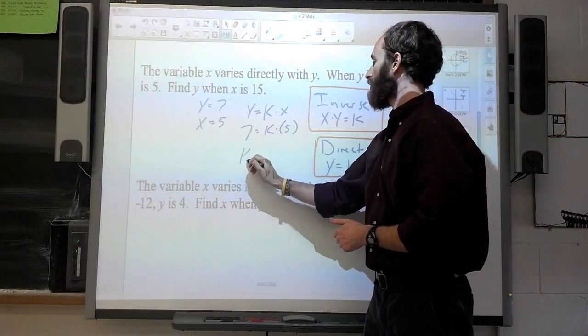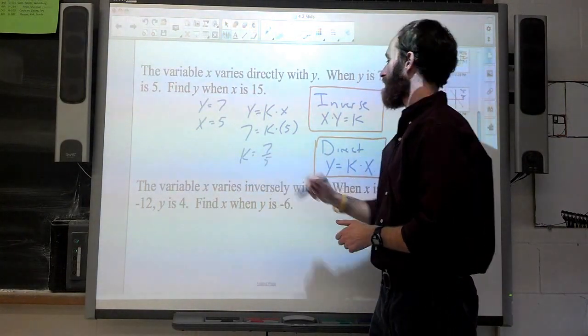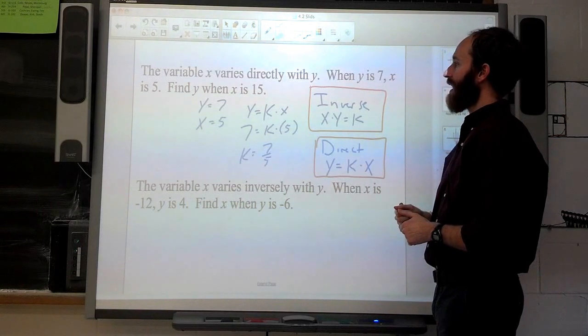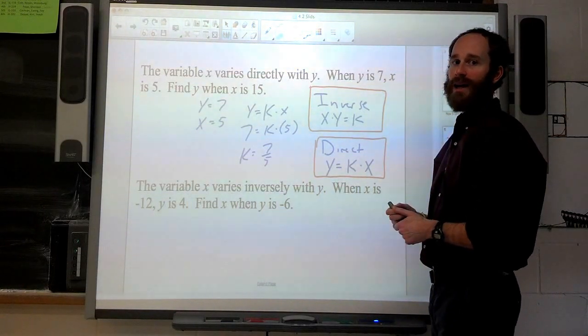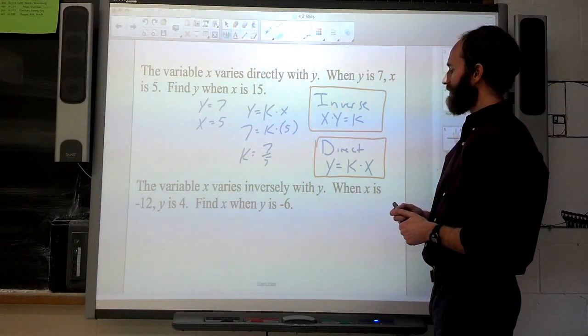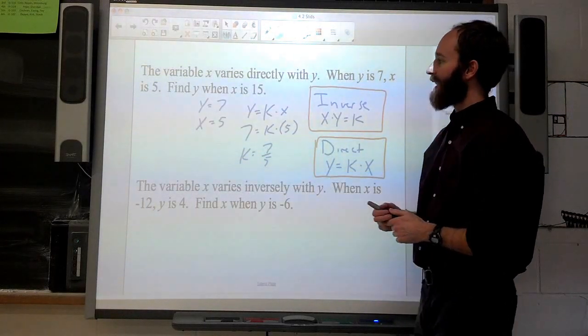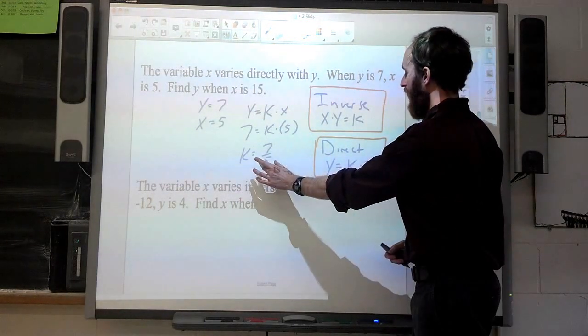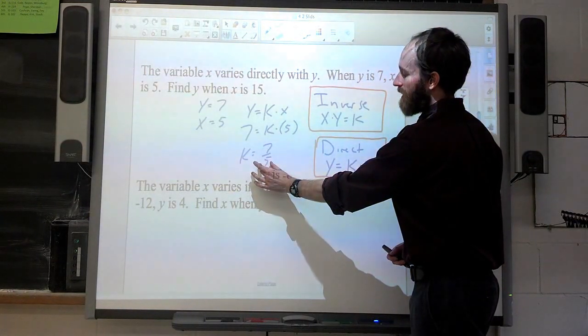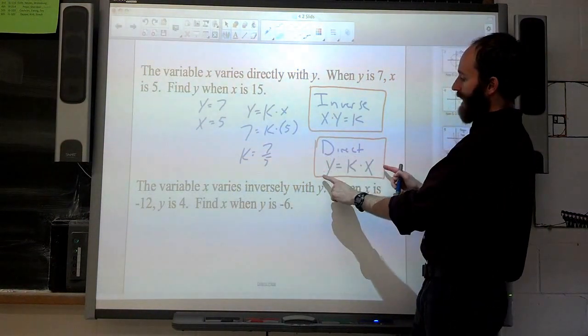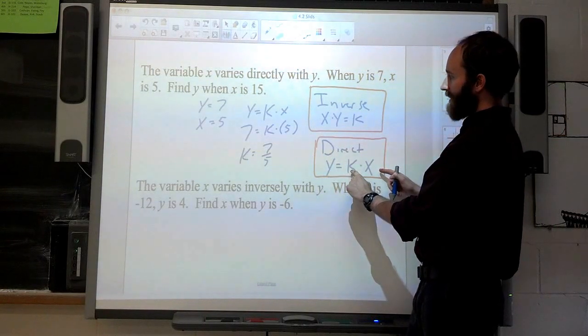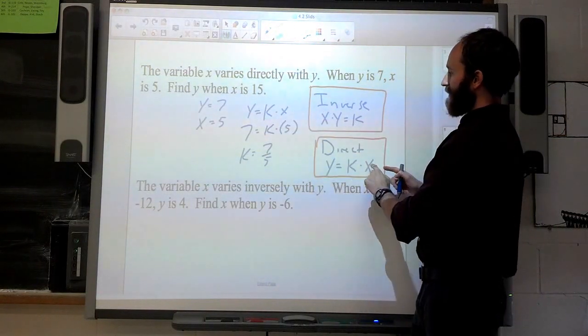So k is equal to 7 over 5. K is 7 over 5. So I want to find y when x is 15. What I'm going to do now is take the k that I found and plug it back in for k when x is 15.